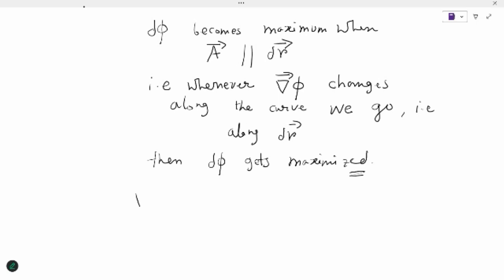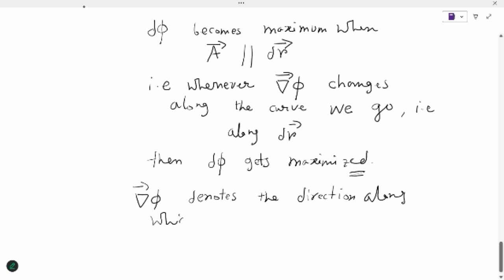So grad phi denotes the direction along which d phi is maximized.